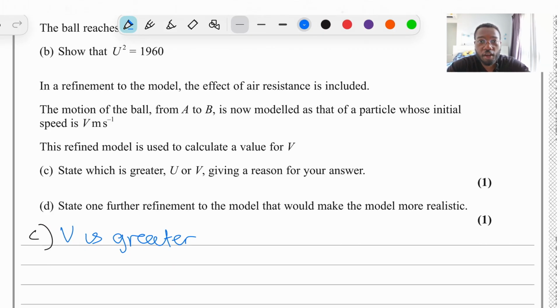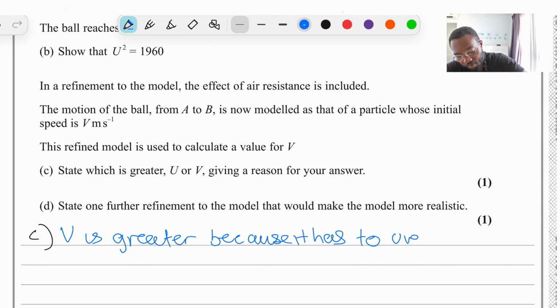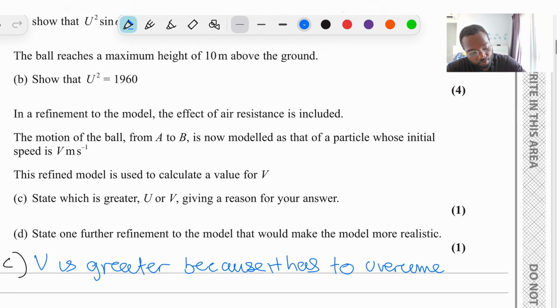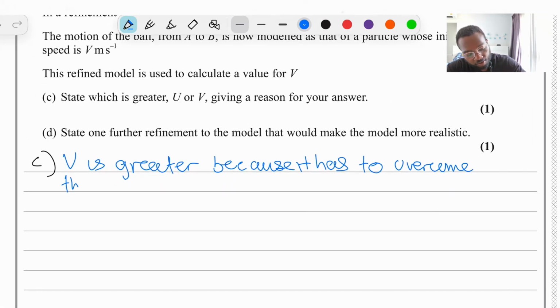The air resistance is going against it, so it has to travel at a higher speed to get to that same motion. So v is greater because it has to overcome the air resistance. That would be question C.